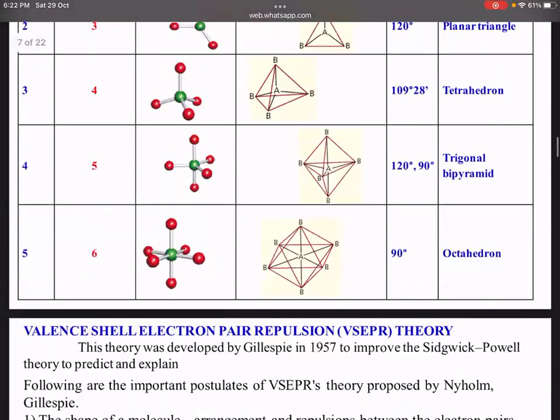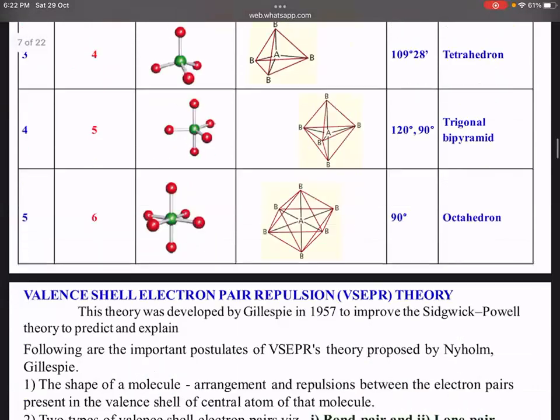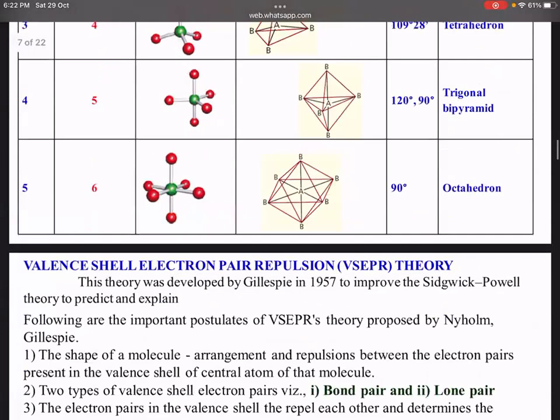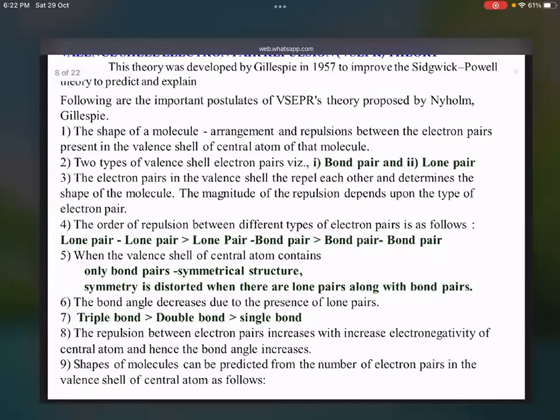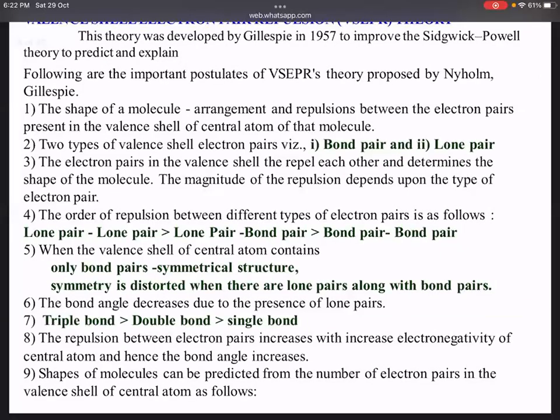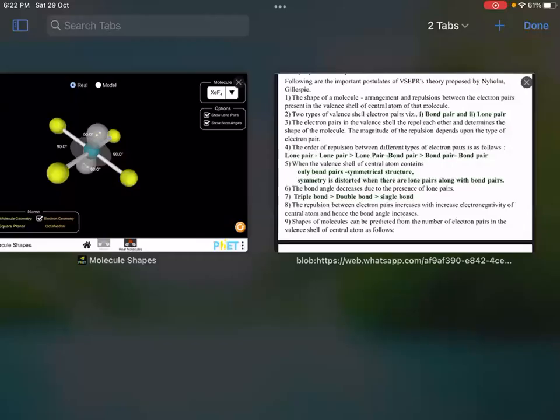So our next topic, the theory proposed by Gillespie and Nyholm. Okay.